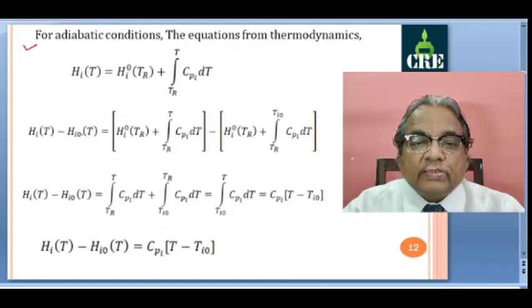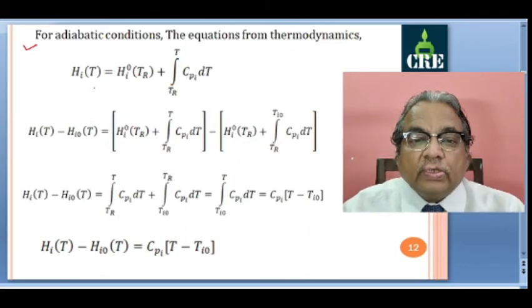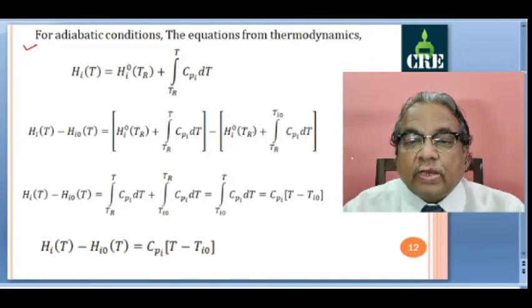So Hi of T and Hi0 of T, if you write the difference between them, Hi of T we know as it is, minus Hi0 of T, which will be Hi at Tr plus, the limits will change now, Tr to Ti0 Cpi into dt.